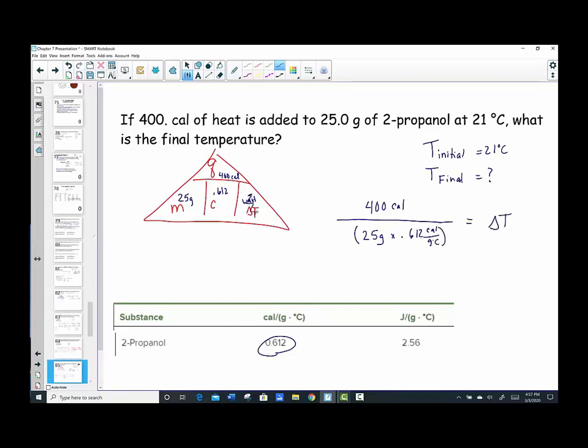So this is what we want. You see what we have? Q over M times C. Q over M times C. And that's going to pull out delta T. So hit that with me, your key sequence, 400 divided by parenthesis 25 times 0.612, close parenthesis.